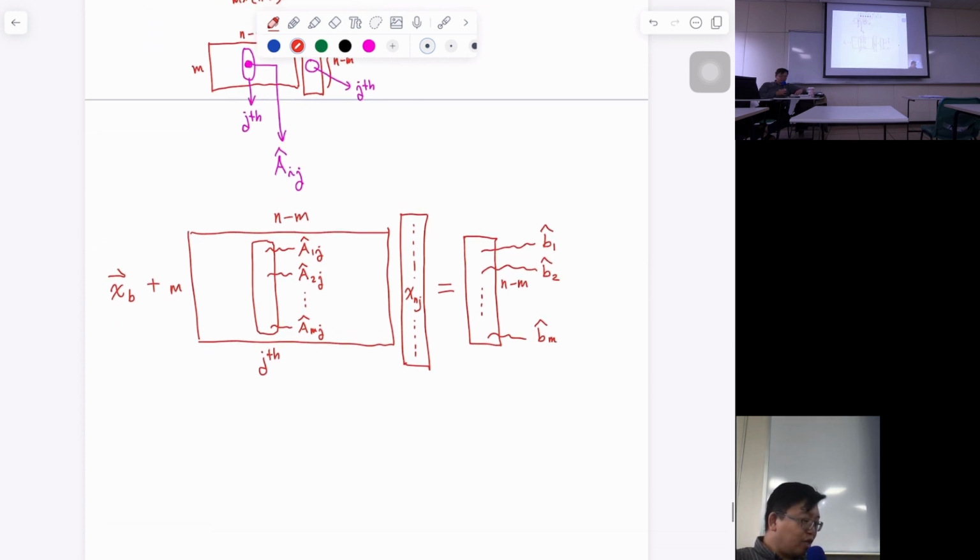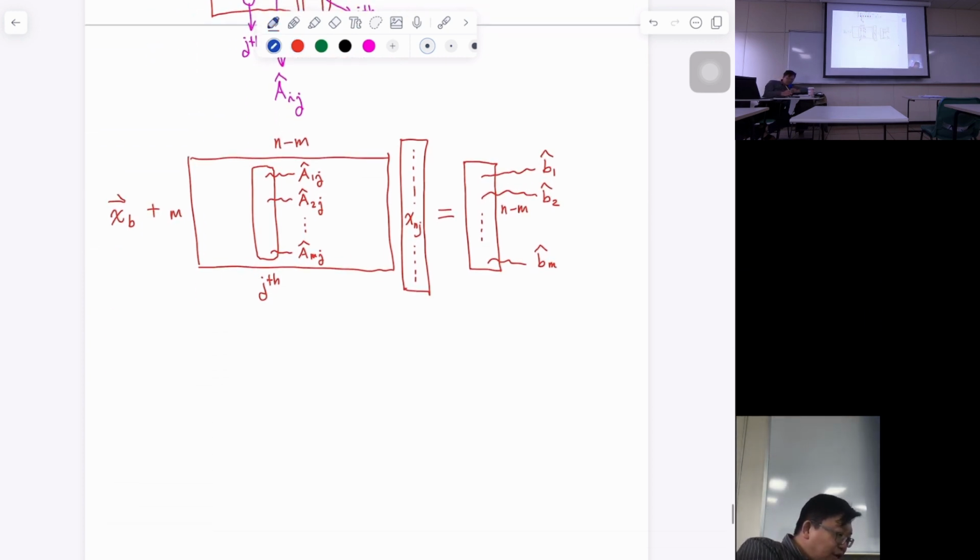So if you write down all the equations, actually it's like this. xB1 plus A hat 1j xN j equals B hat 1. xB2 plus A hat 2j times xN j equals B hat 2. And so on. xB has m of them.